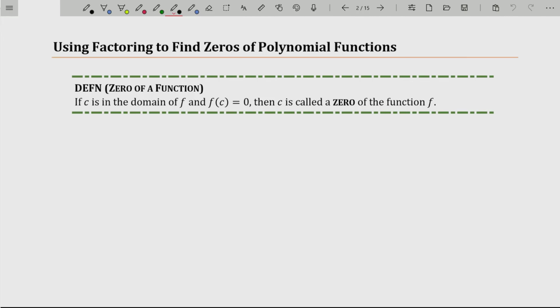And it's much easier to work with polynomials in the real world than it is to work with sinusoidal functions or exponential functions, so we prefer to work with polynomials.